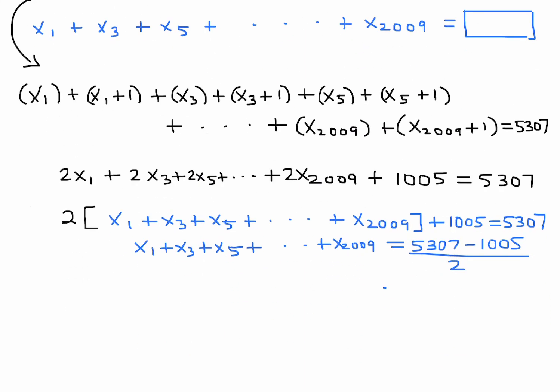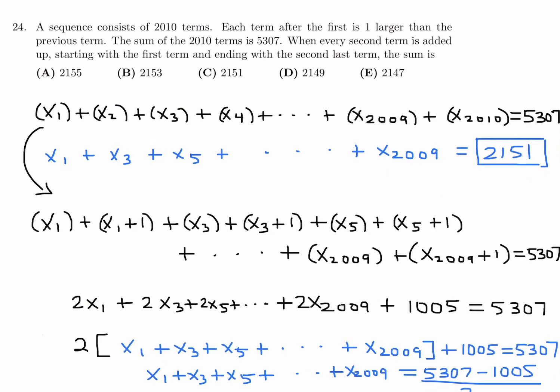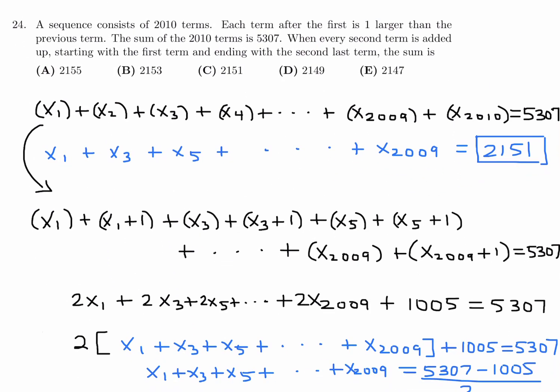And if you do that math, 5307 minus 1005 divided by 2 is 2151. So that is what goes here, 2151. And therefore, number 24, the answer is C.